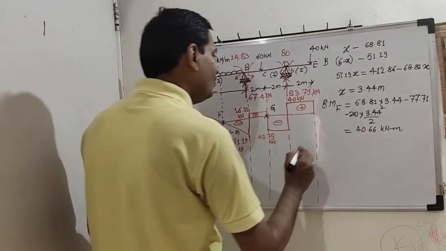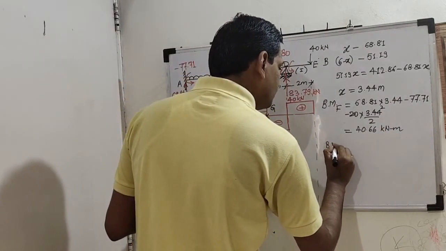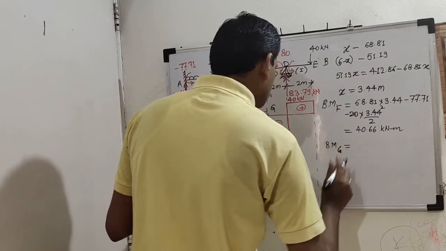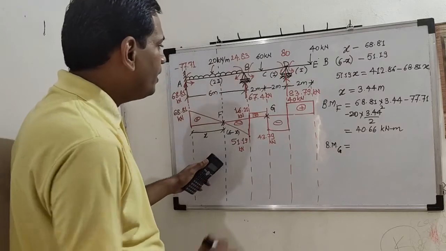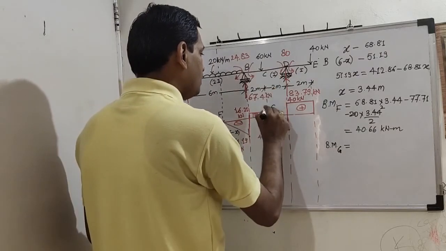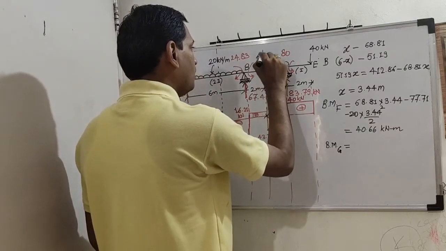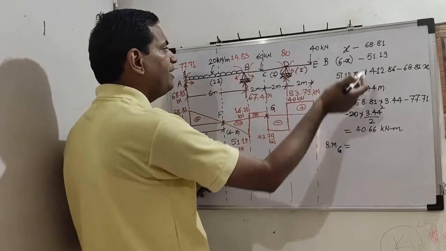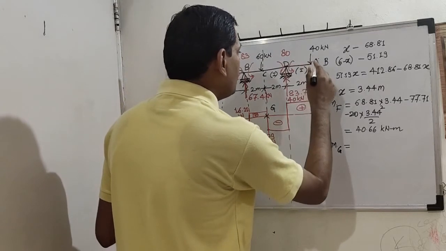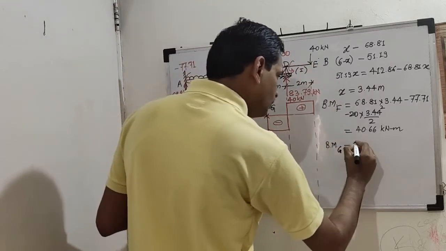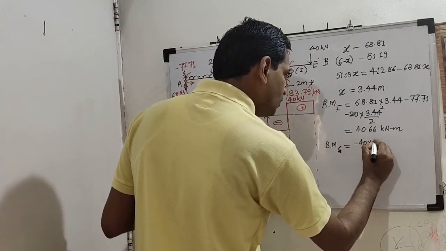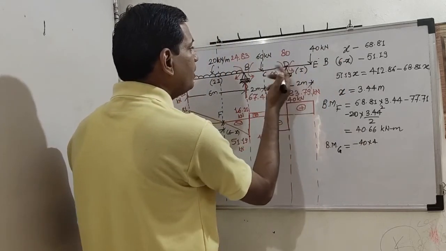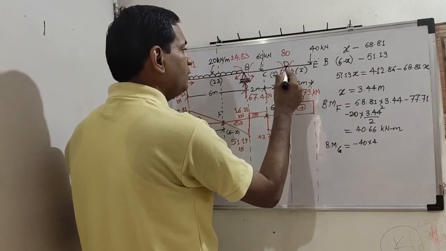Then bending moment at point G. So bending moment at G is, again you consider this section, and at this section you are considering everything on the right hand side. So minus 40 into 4, because it is clockwise on the right hand side of the section. Then this 80 is going to get nullified, plus 80 minus 80.